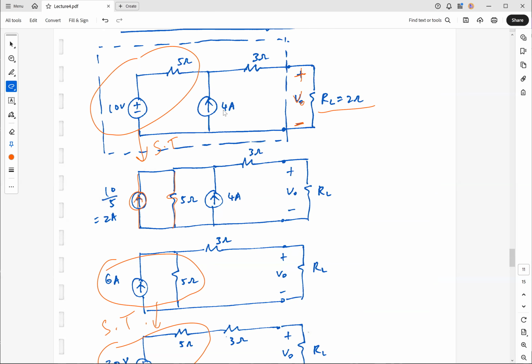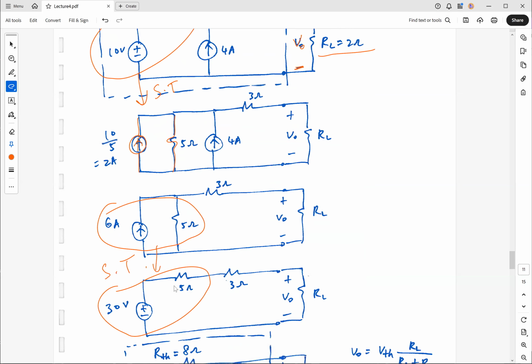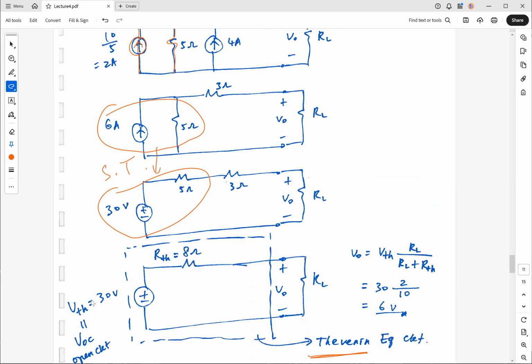10 volt, 4 amp, 5 ohm, 3 ohm, 4 components. I perform source transformation, circuit reduction, source transformation, finally arrive at something as simple as just 2 components, 1 voltage source and 1 resistor. But of course, the voltage source and the resistor are nowhere the same as what I had previously, right?